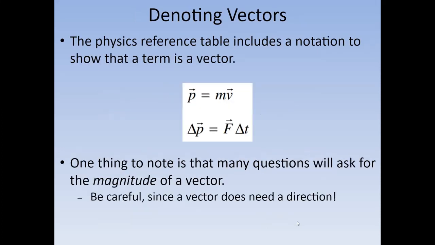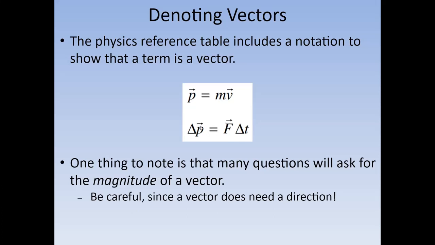Keep that in mind. Another thing to keep in mind is how we denote and represent numbers as vectors. First, a lot of times you might see some equations. They'll have this little arrow symbol above the letter. That denotes that that is a vector term and includes a direction. So in this equation, we have P and V being vectors, and M is a scalar. Same thing down here.